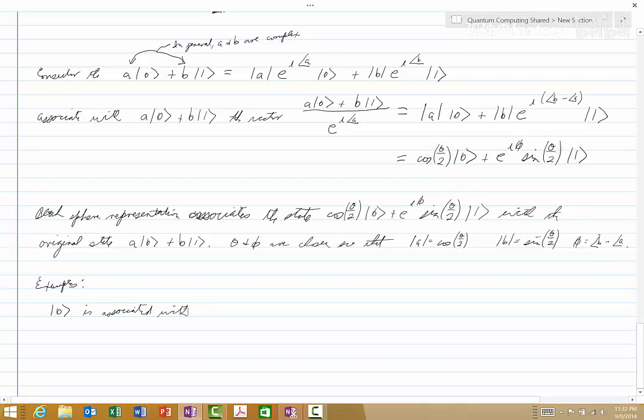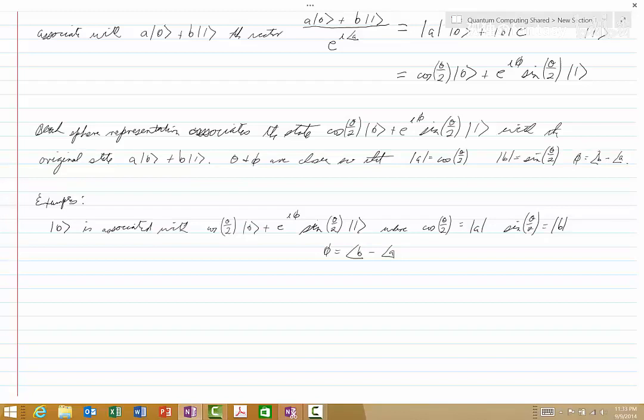Well, it gets associated with cosine theta over 2, 0, plus e to the I phi sine theta over 2, 1, where cosine theta over 2 is equal to the magnitude of A, sine theta over 2 is equal to the magnitude of B, and phi is equal to the phase of B minus the phase of A.